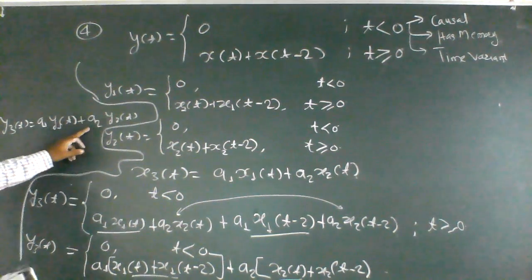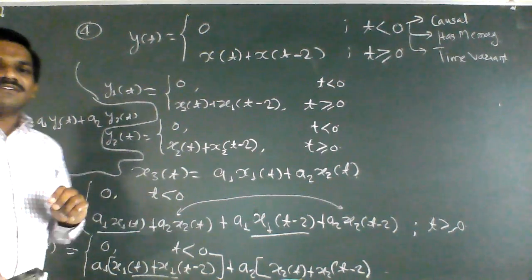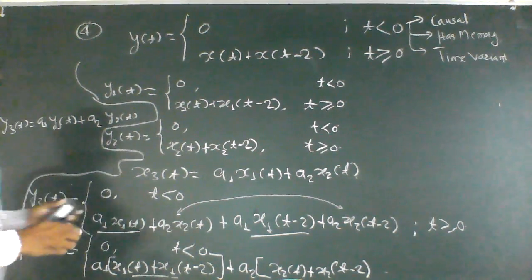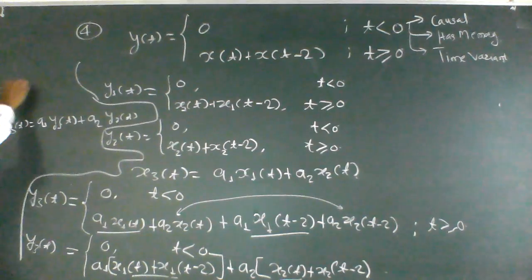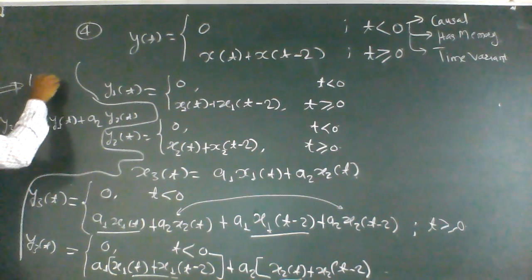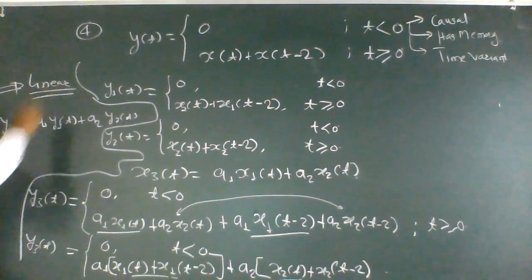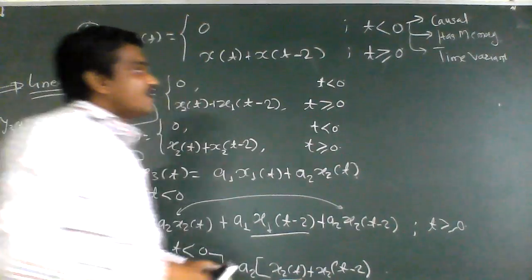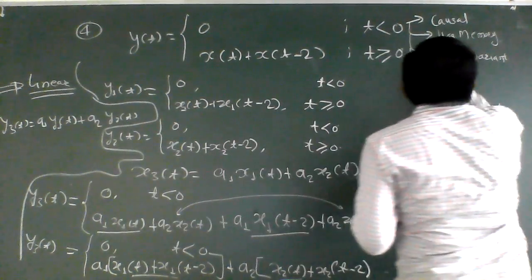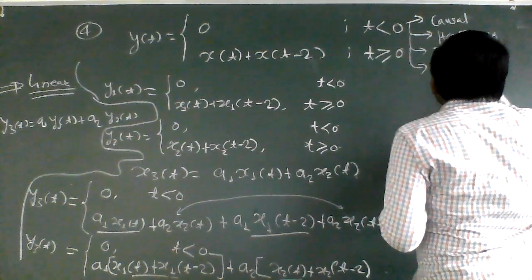So it is clear that this system follows the superposition principle. Therefore, we can say that this system is a linear system. I will write it here: the system is a linear system.